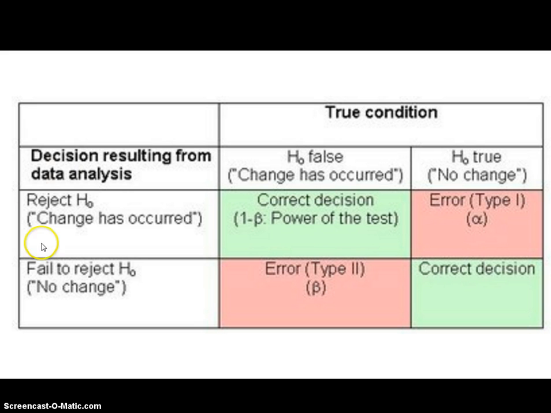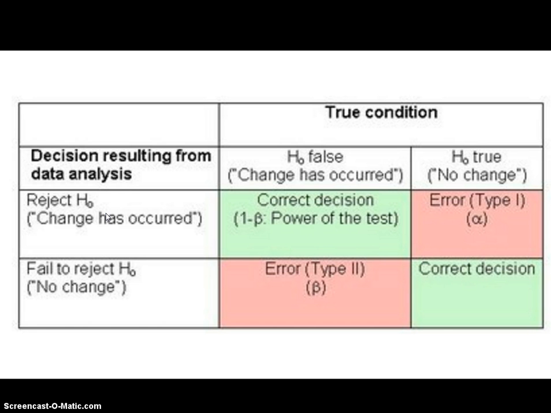So this is probably our ideal condition. And the probability that our test can do that is called the power of the test. So the more power your test has, the higher the probability that we're going to reject the null when the null is in fact false.